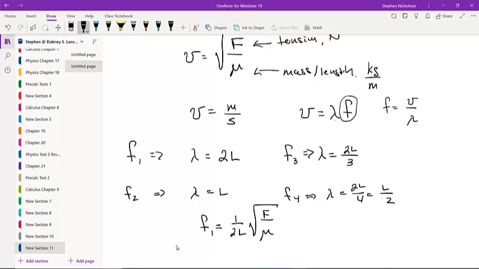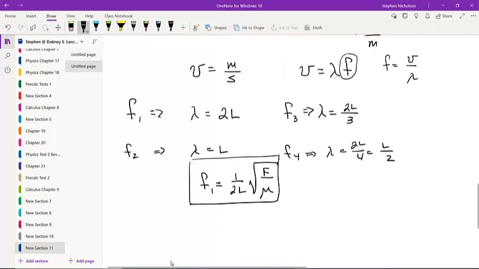So the fundamental frequency for strings is a function of the length of the string. The longer the length, the lower the frequency. Think about guitars versus bass guitars. The longer the string is, the lower the sound is going to be. This is your tension in the string. The lower the tension in the string, the lower the note. And the bigger the string, the mass per unit length. So this puts all of these together in a nice simple equation.